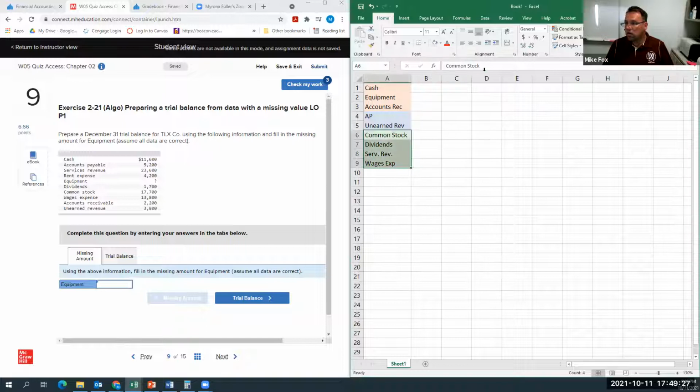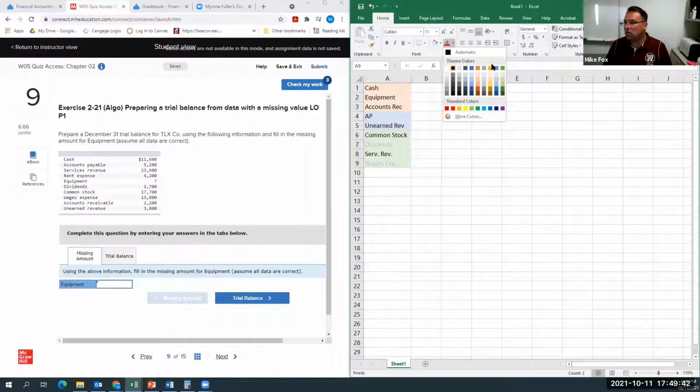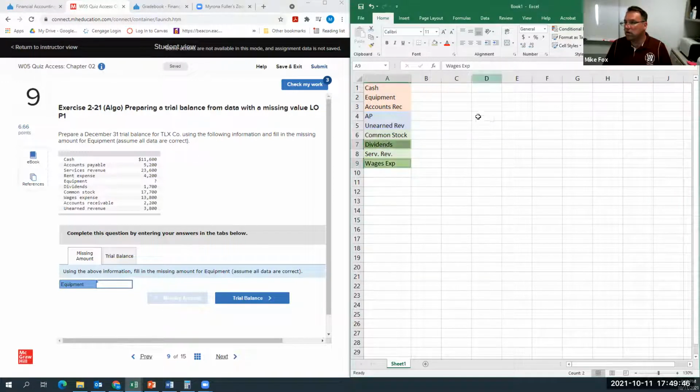I'll do those in like a light green, and recognize that dividends and wage expense actually reduce our equity, whereas common stock and revenue increase it. So I'm going to make them a slightly different color of green. There we go.